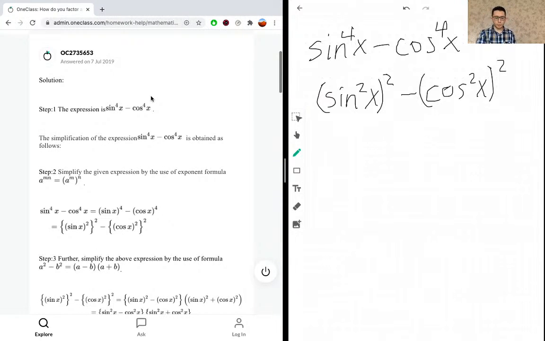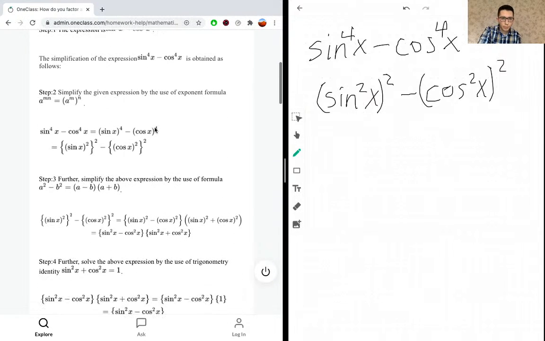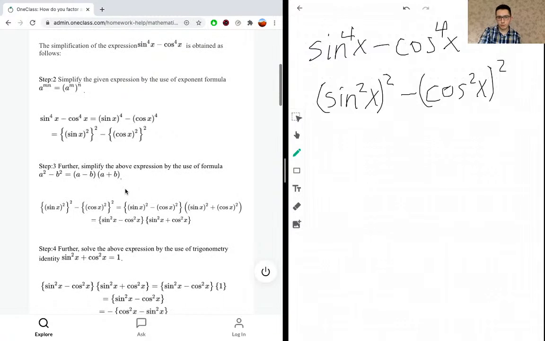Now it's clearer why this is a difference of squares. The equation we would be using is the one on the side here: a squared minus b squared is equal to a minus b times a plus b. That's just the difference of squares equation.